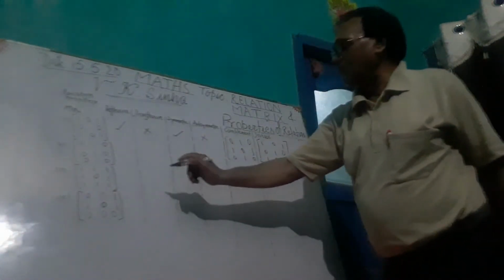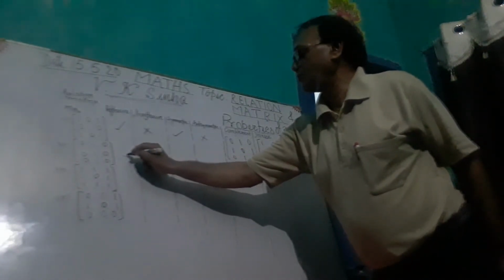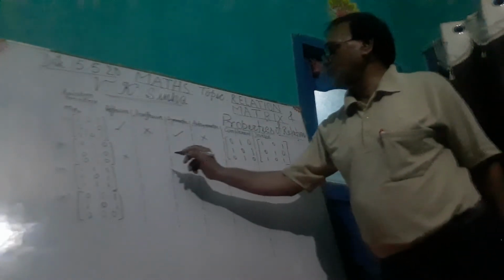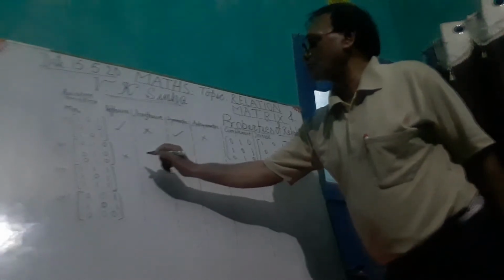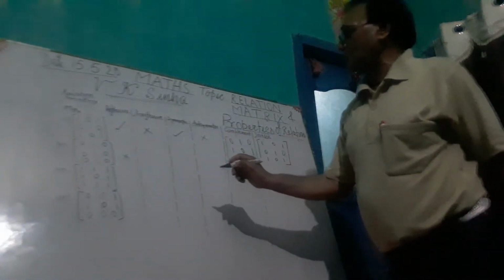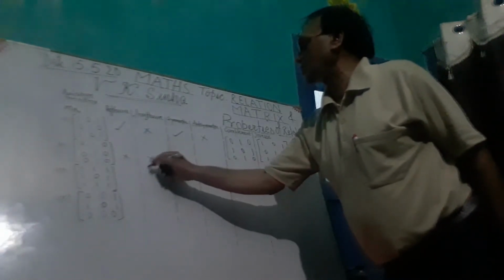Now example second. Since not all the diagonal elements are 1, this is not reflexive. Also, since the diagonal elements are not all 0, this is not irreflexive.